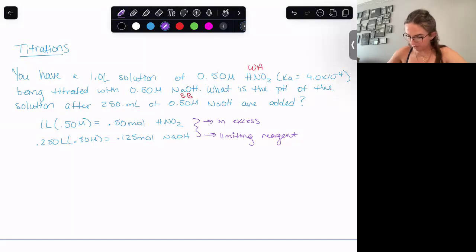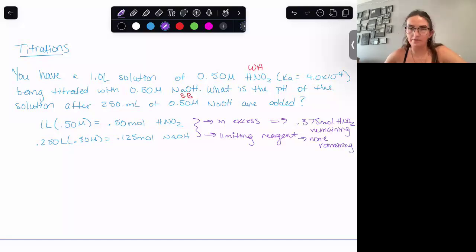So after this, it becomes 0.375 moles HNO2 remaining, and this becomes none remaining. Right, so we just have HNO2 left in our solution after we added our titrant.